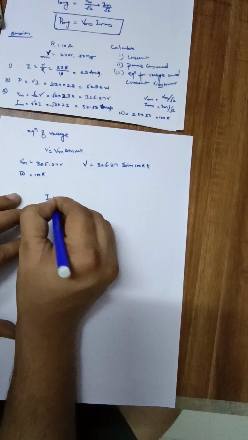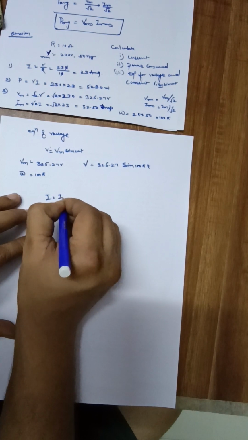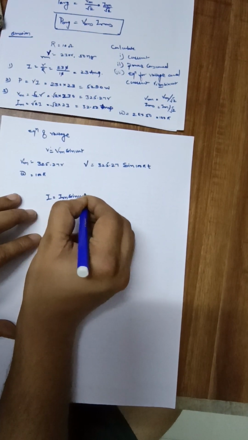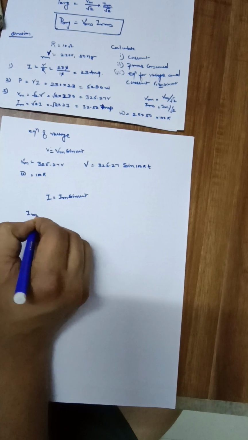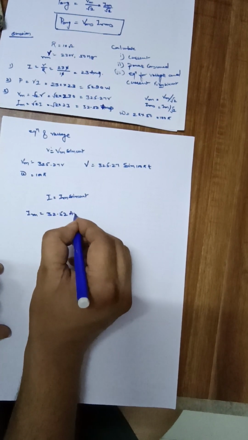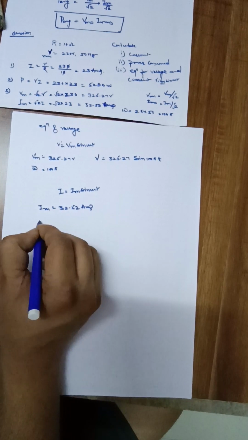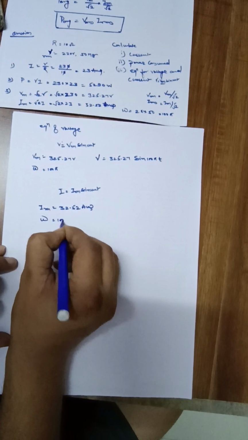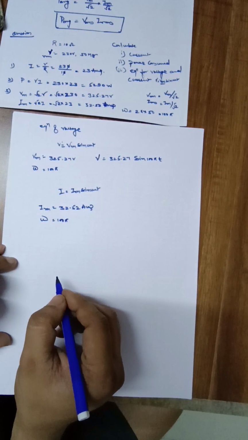Similarly, for current, I equal to Im sine omega t. What is Im? Im is equal to 32.52 ampere. And again, omega is same, 100 pi. Put these values in the equation.